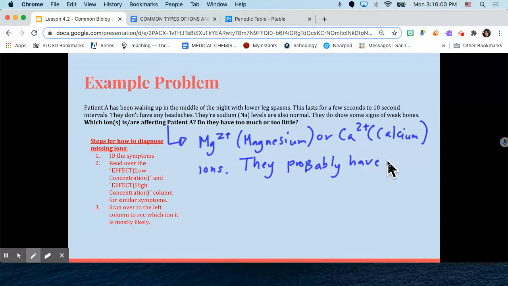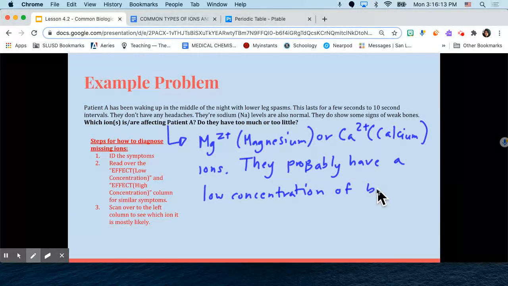Or more accurately, I should say they probably have a low concentration of both.